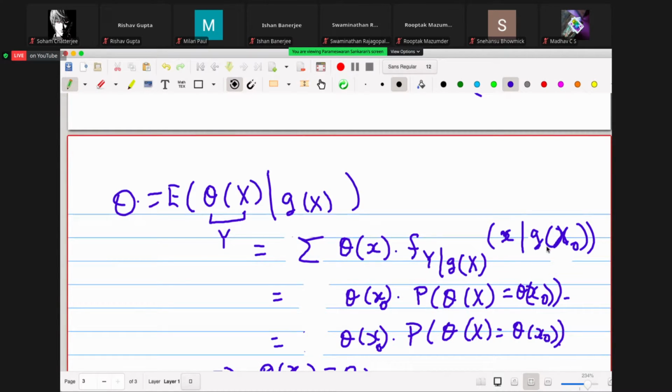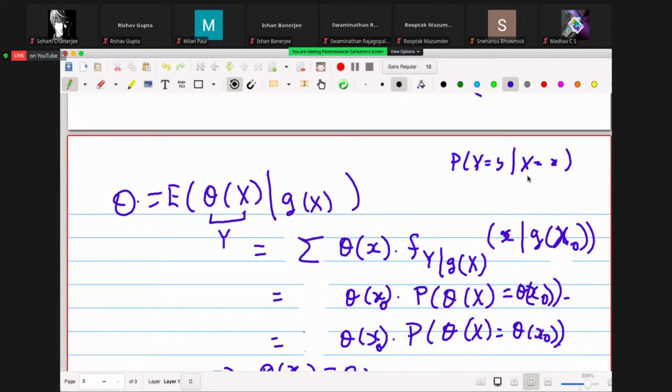You see, this takes only one value. If you recall, conditional probability was defined as P of y equals something, given that x equals x.